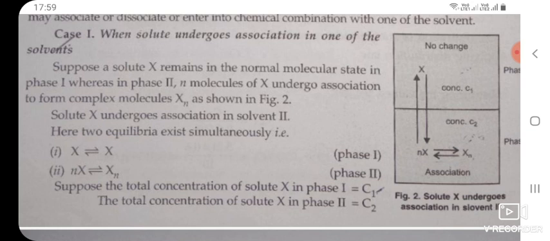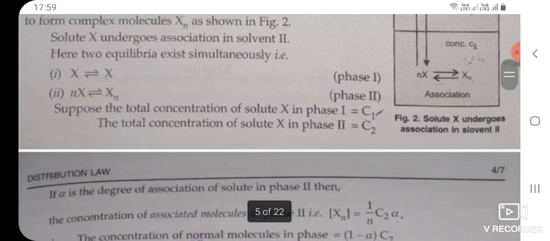Here two equilibria exist simultaneously: X in phase 1, and n molecules of X give Xn in phase 2.